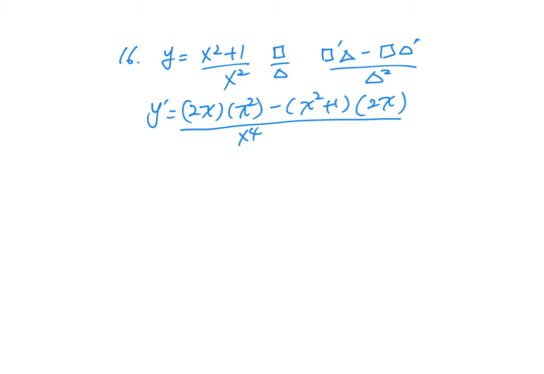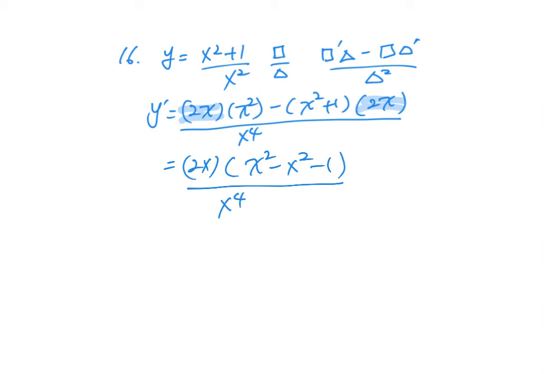And now, simplify that a little bit more. Actually, notice that I have a 2x. Maybe I can take that out first. So 2x, you have x squared minus x squared minus 1, all over x to the 4th. So that just becomes a 2, x to the 3rd on the bottom, and then times a negative 1. So it's just negative 2 over x to the 3rd.